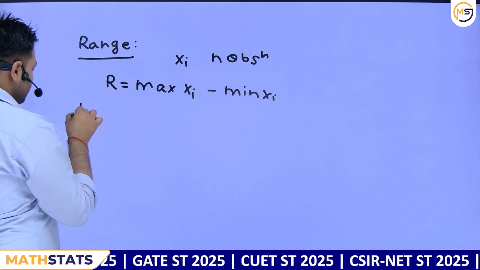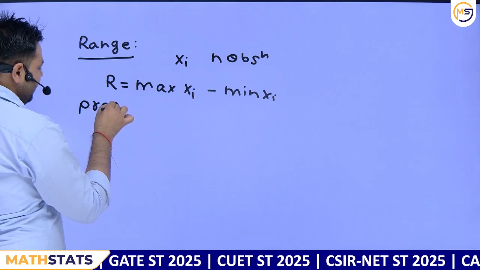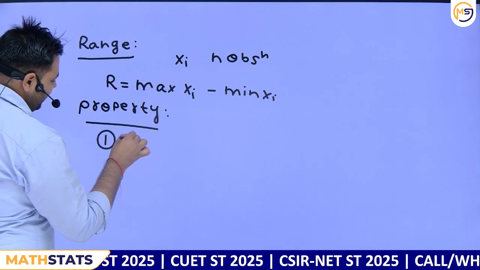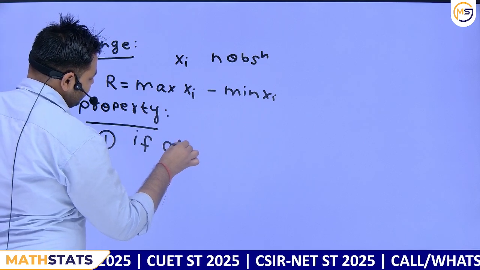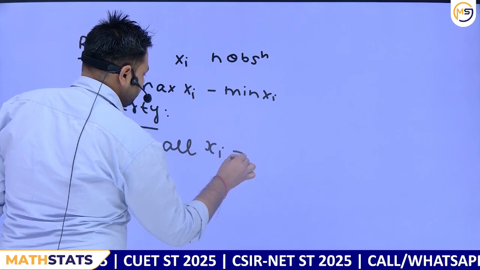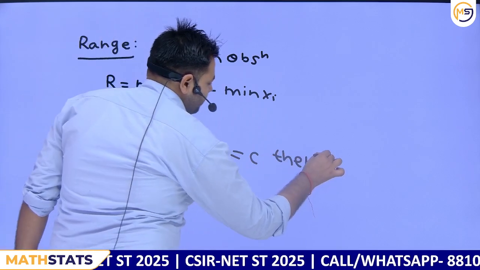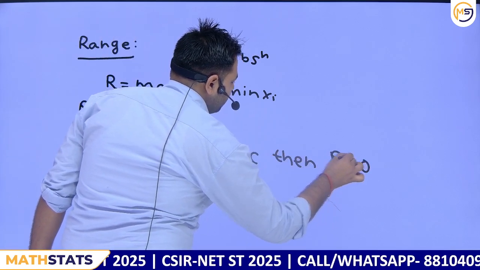Now the properties of range. First property: if all xi equal c, then range equals 0.